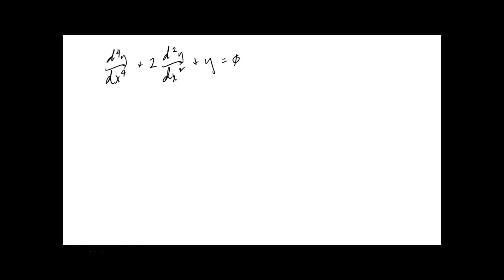Now you want to go straight for your auxiliary equation, or you want to go the long route? Long route? Okay. So your assumption is y is equal to e to the mx. Anytime they're constant coefficients, that's what we assume.